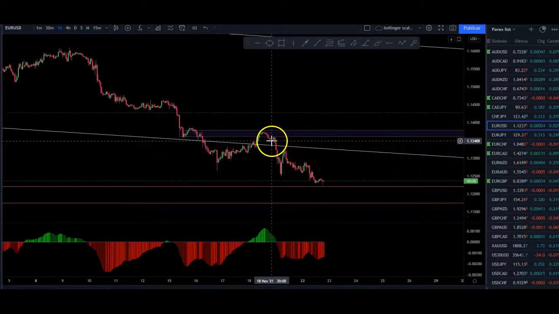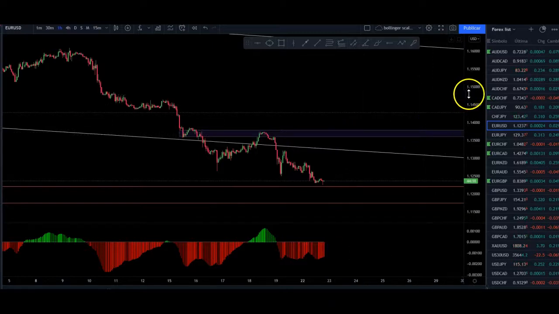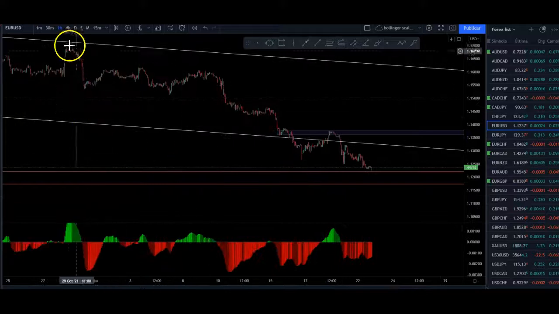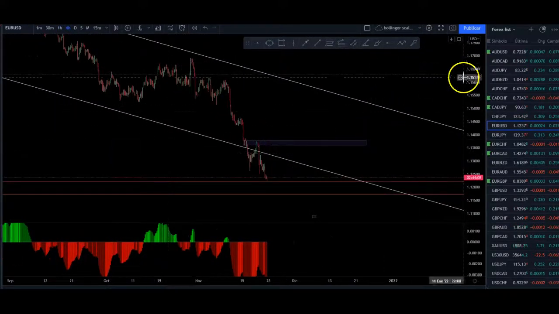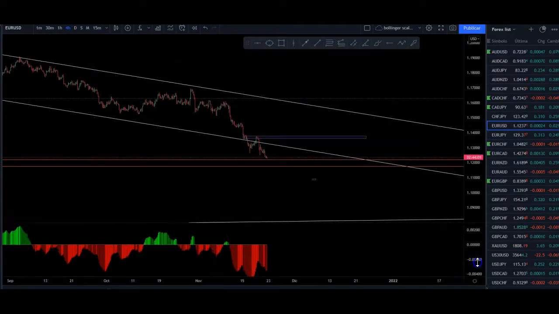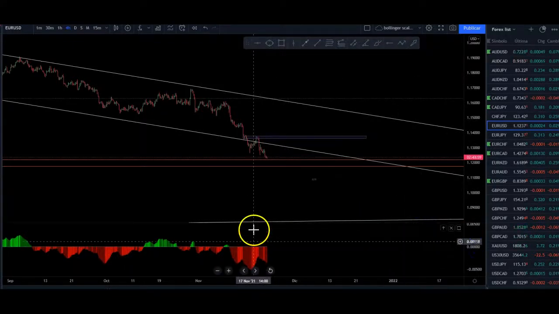So I can still leave it there, but now there's a little more confirmation. Let's look at this on the 4 hour, because it's a big trend. Well, we do have internal divergence.